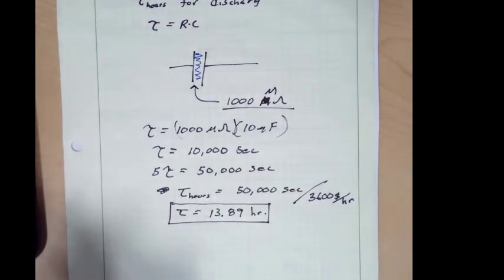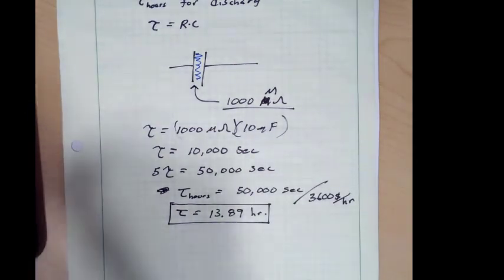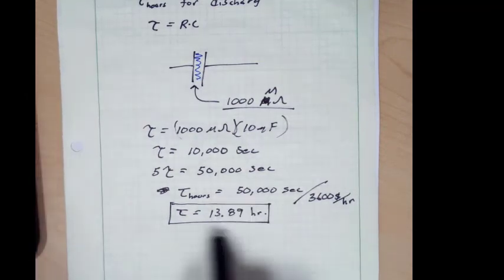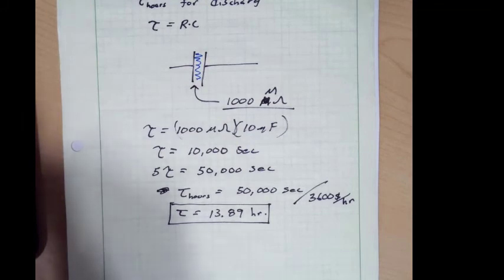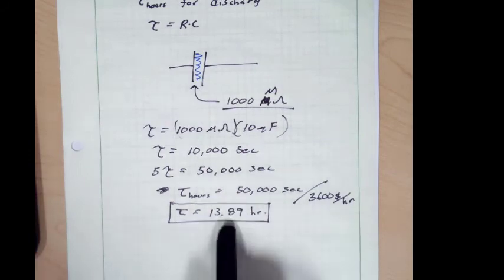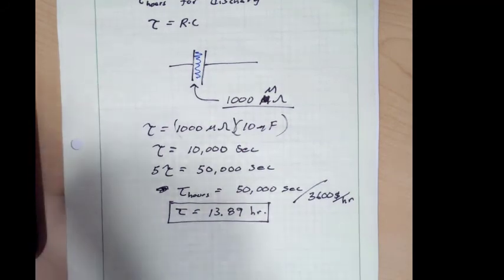If we were talking about an ideal capacitor with no leakage resistance, theoretically this would just be an infinite amount of time, but we do have some leakage resistance between the two parallel plates. So if we pull the capacitor out of the circuit, even though at full charge, after about 14 hours that capacitor will be discharged.